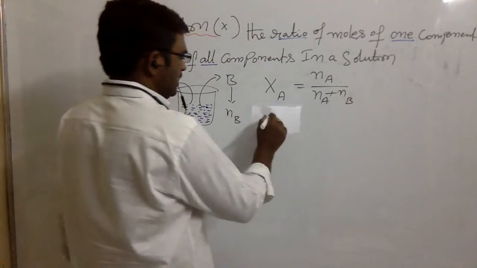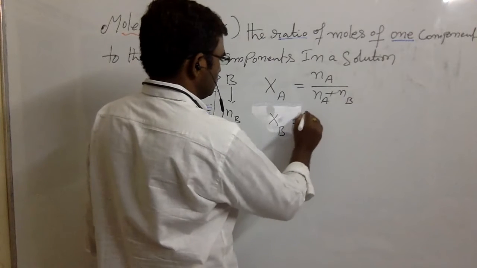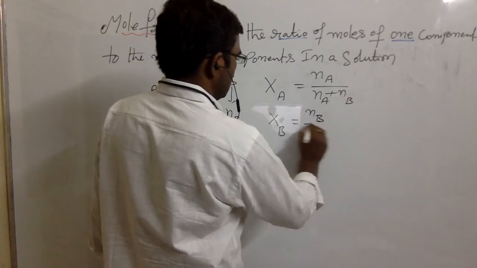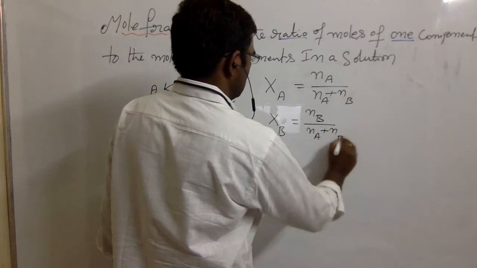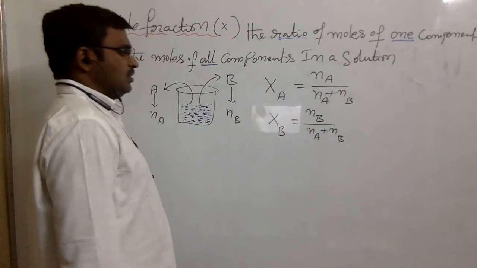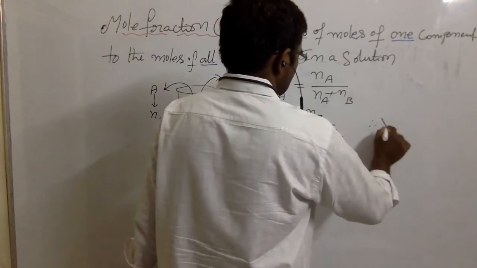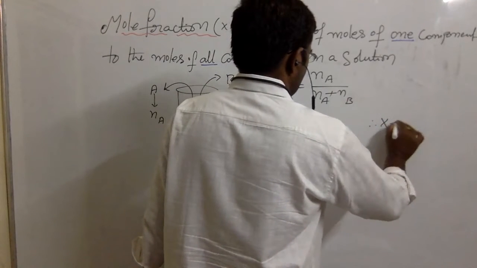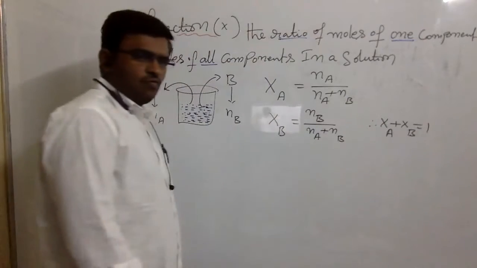Similarly, for the mole fraction of B component, Xb is equal to Nb by Na plus Nb. With the help of these two formulas, you can find another relation: mole fraction of A plus mole fraction of B is equal to 1.